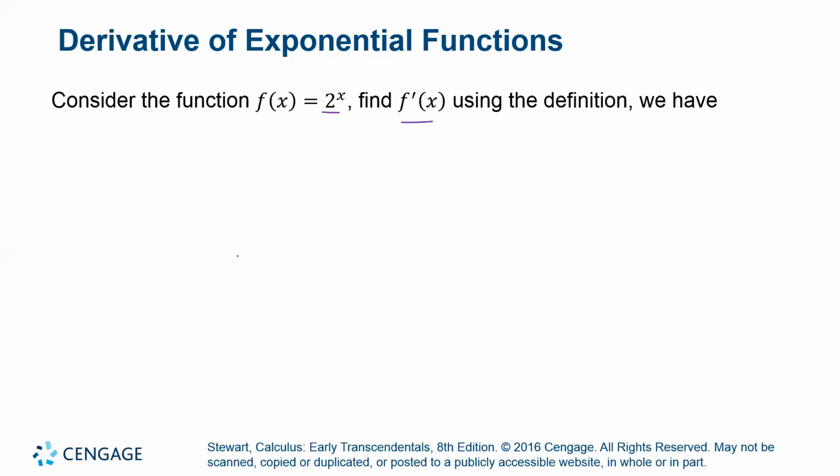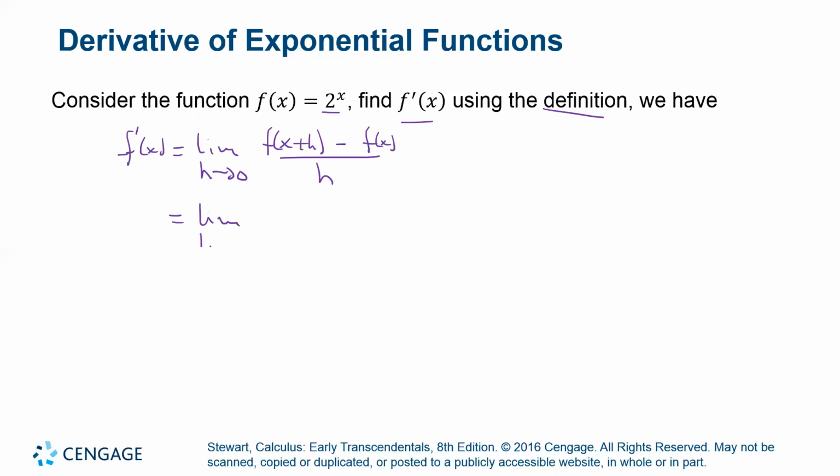So now we have f prime of x. This is the limit as h goes towards 0 using the definition. Okay. f of x plus h minus f of x divided by h.